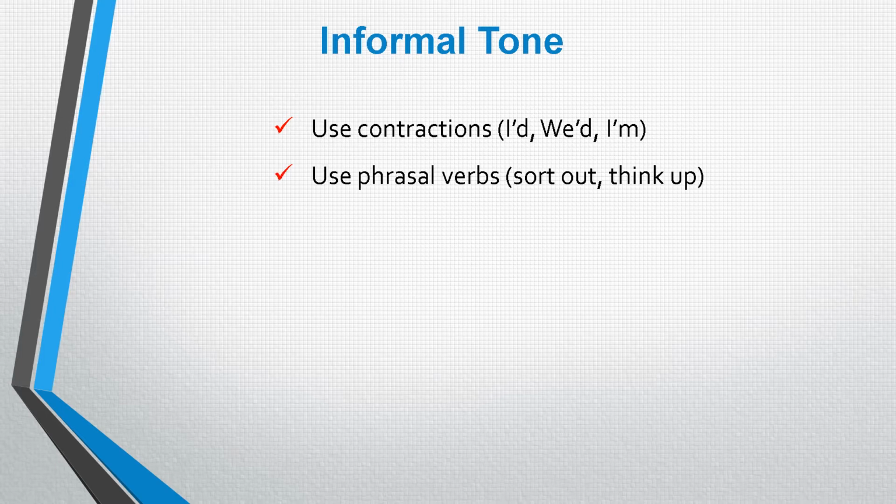You're going to use phrasal verbs when you can. They are combinations of words such as sort out, think up, sit down, get up, get along, go along with, get away with, come up with. They are all phrasal verbs that give your letter an informal tone as well.